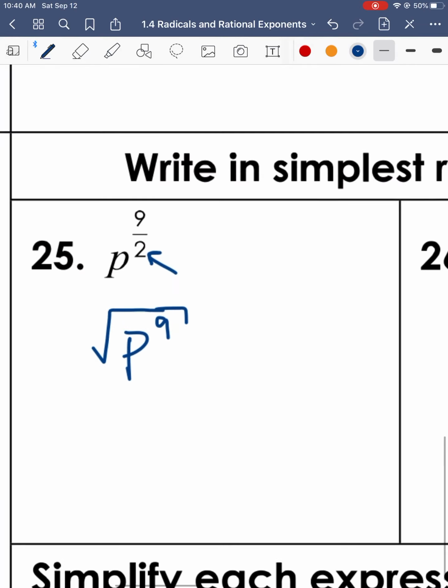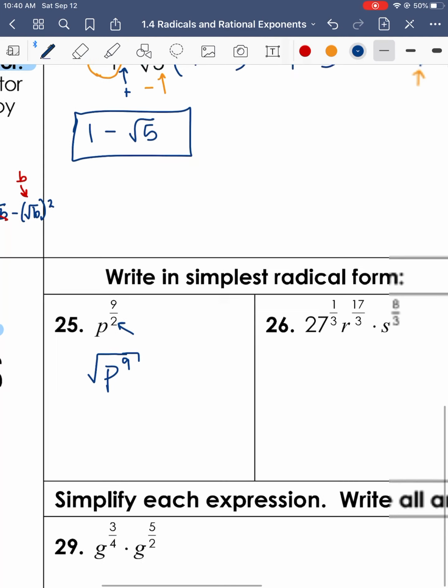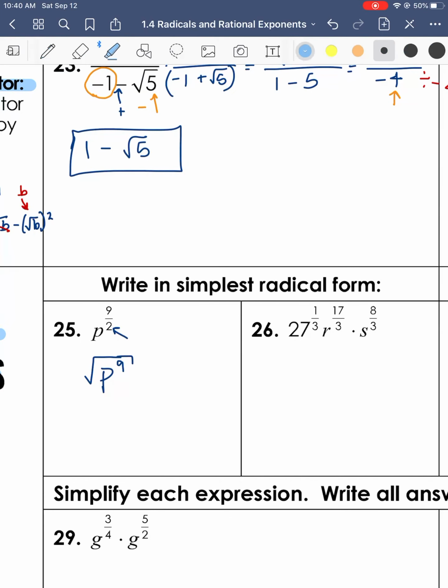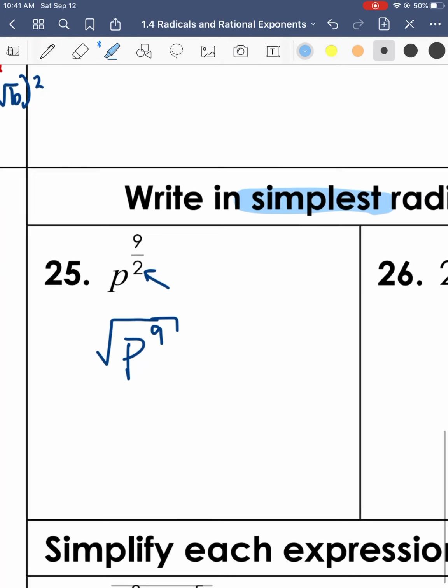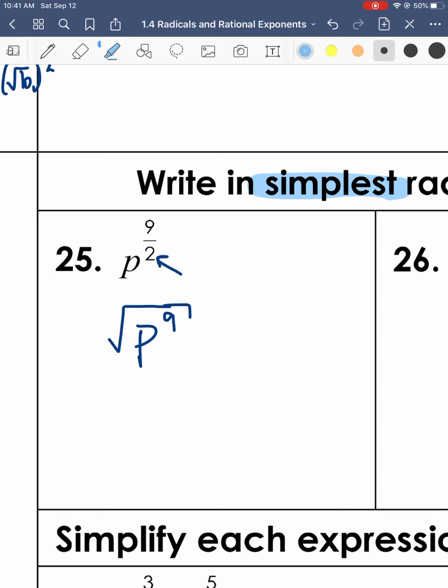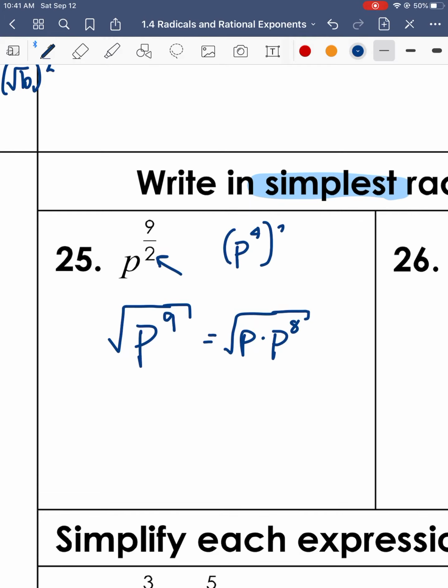Okay, so now that we have written this in radical form, we need to pay attention that this asks us for the simplest radical form, so we do need to simplify this some. So we're asked for the square root of p to the 9th, and remember we can write this as the square root of p times p to the 8th, and p to the 8th is actually a perfect square, because p to the 4th squared is equal to p to the 8th.